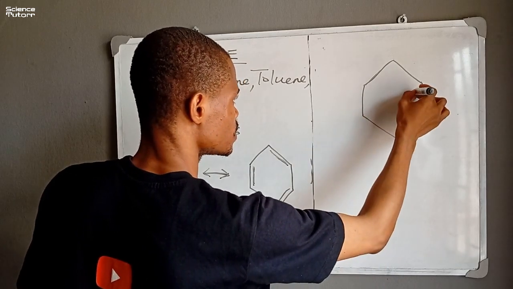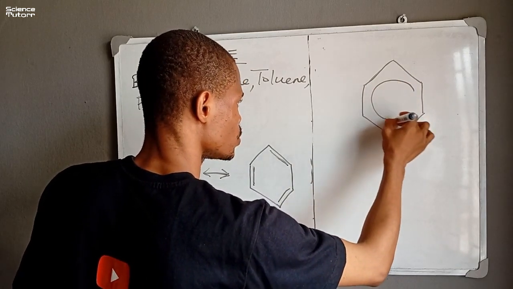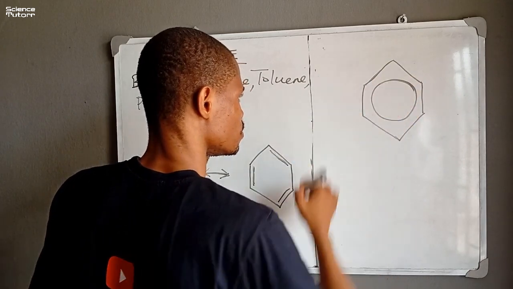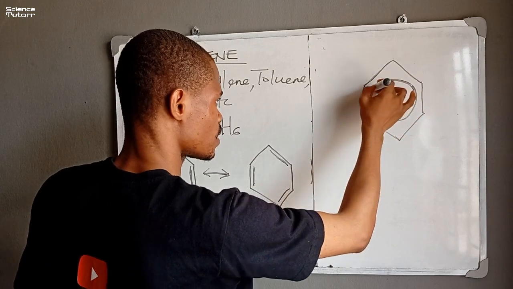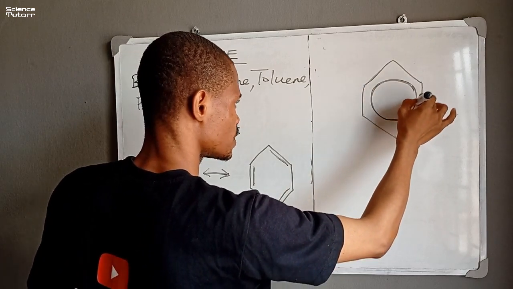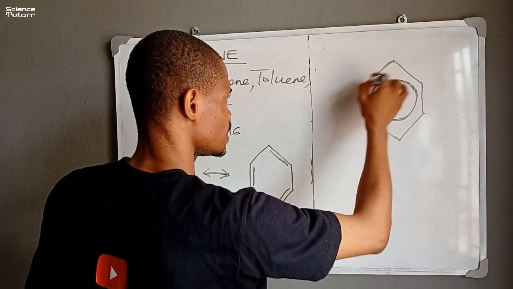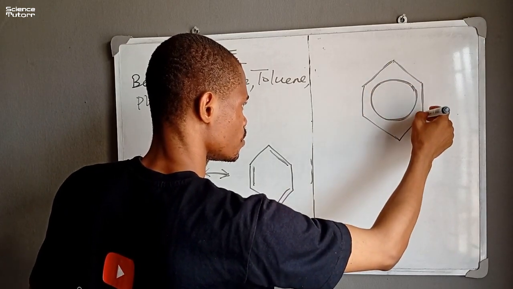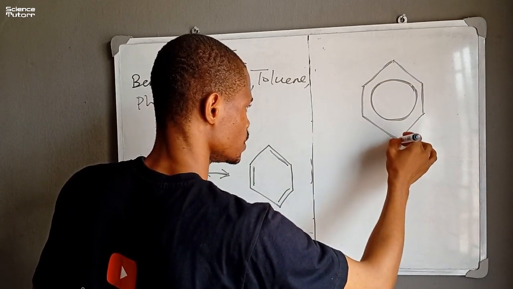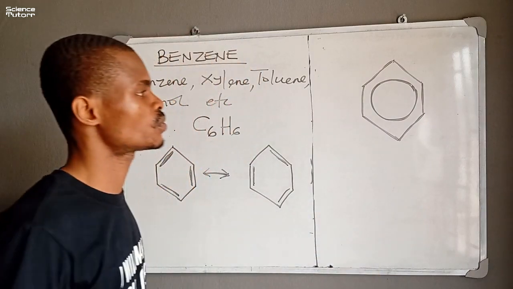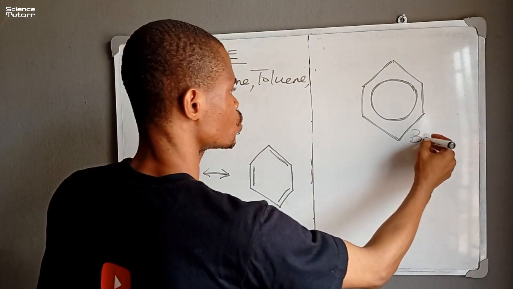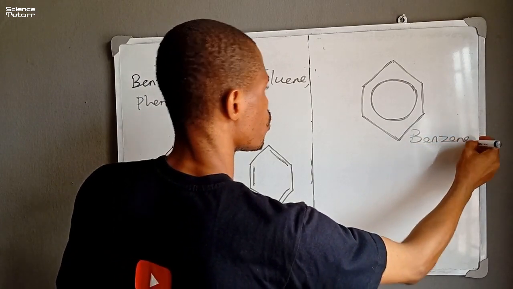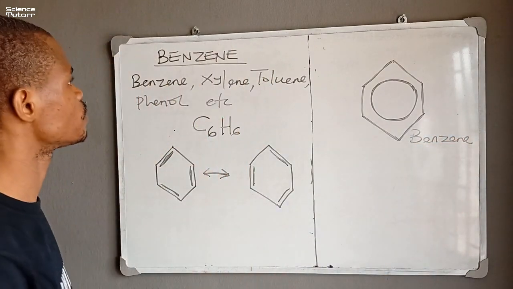So this is considered the real structure of benzene, C6H6, embedded in a circle having a hexagon, six-sided shape, the benzene ring, from bond length studies. So this is benzene.